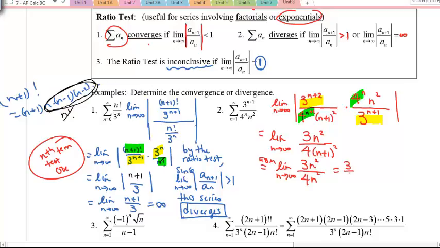This simplifies to 3/4. That's definitely less than 1, so therefore by the ratio test, or RT, we know the series converges.